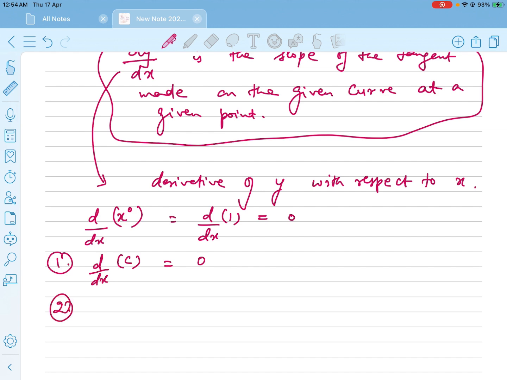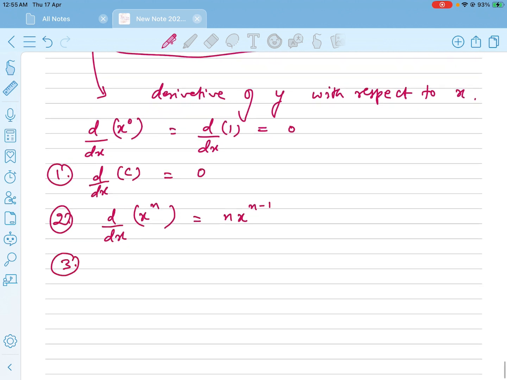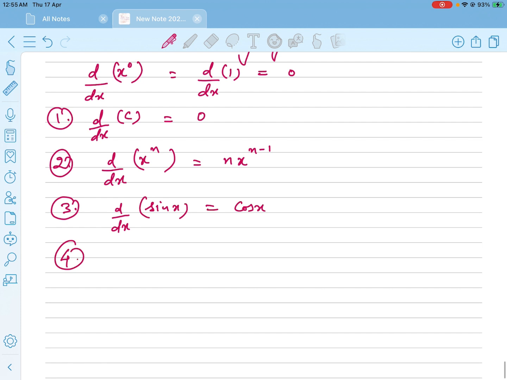The second formula which we use is derivative of x to the power n is given by n x to the power n minus 1. Then derivative of sin x is cos x, and derivative of cos x is minus sin x.